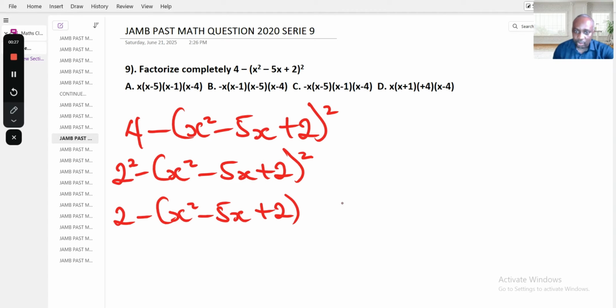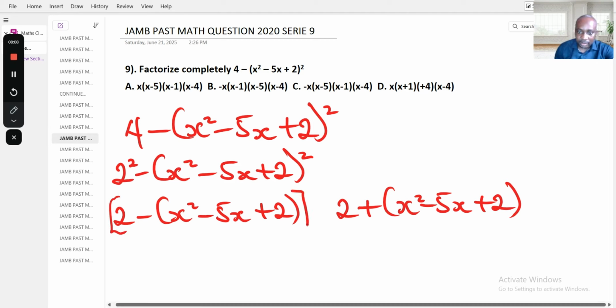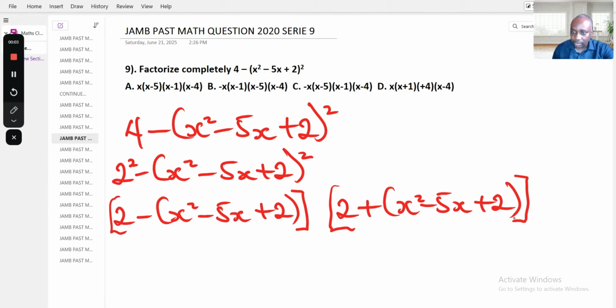The second will now look like plus 2 plus x squared minus 5x plus 2. This is the second one. Let's expand each one, then we multiply it.